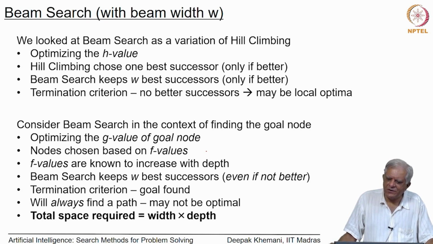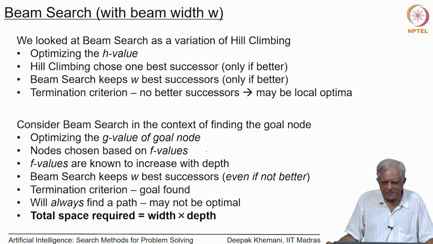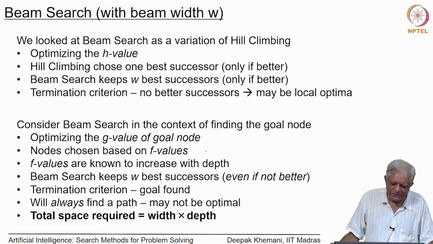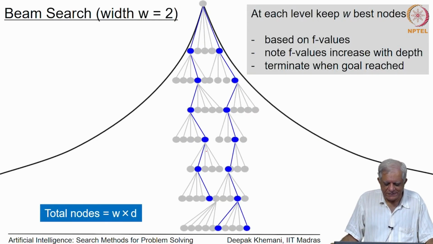The farther you go, you only need a linearly increasing space requirement, or in other words, at every level you go deeper, you add a certain number of nodes to your space requirement, instead of multiplying, which is the case for exponential growth. So, linear growth means you just add some W more nodes at every level. So, that is the main reason why we are again looking at beam search, just to save on space.